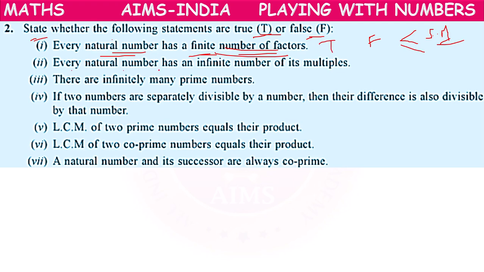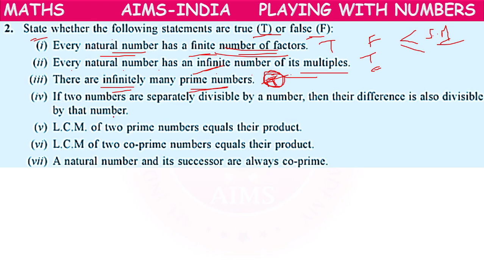Every natural number has an infinite number of multiples. Yes, true. Because if we go on multiplying with all natural numbers, multiples keep coming. There is no end to the multiples, so they are infinite. True. There are infinitely many prime numbers. That is also true.